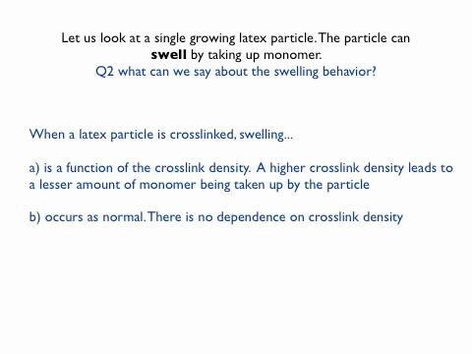So let's ask another question in relation to this. And that is, when a latex particle is cross-linked, so imagine now you have polymer chains in a particle and I link them all together with cross-links.